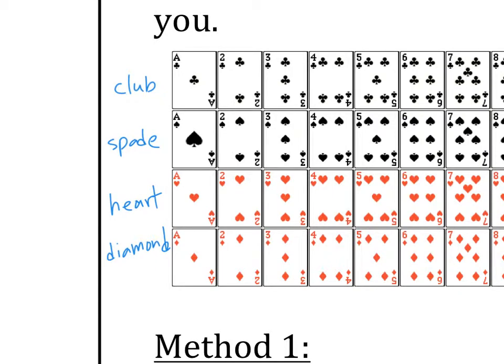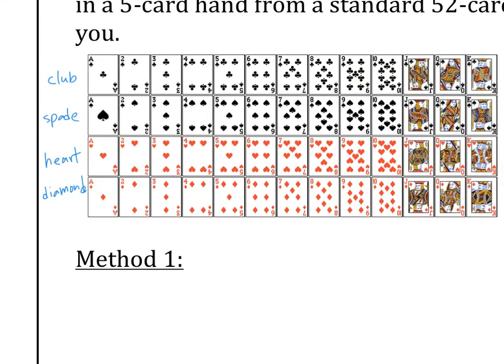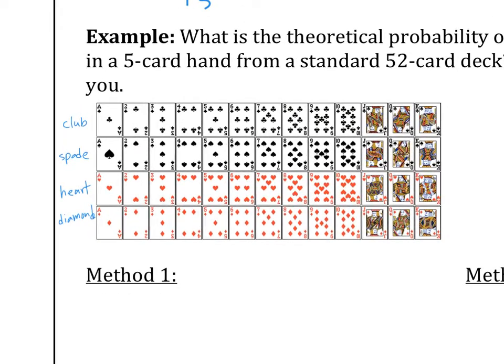We don't use jokers. If you use jokers, it's 54. So they're going to give you 5 cards. What's the chance that in these 5 cards, exactly 2 of them are sevens?